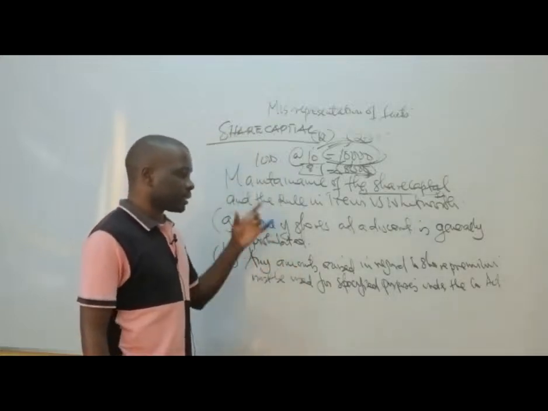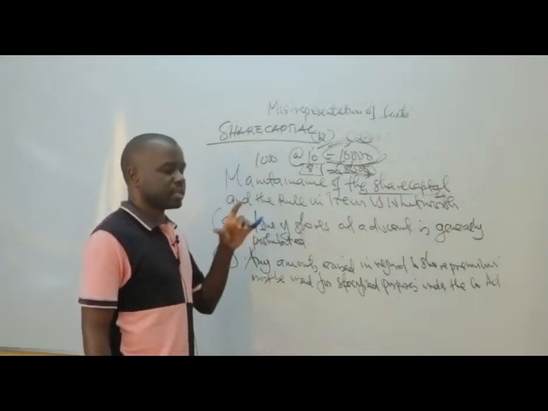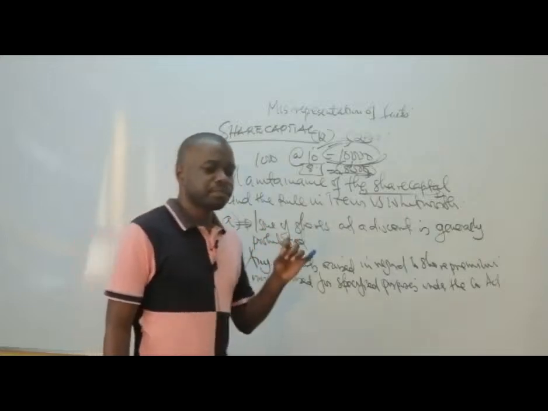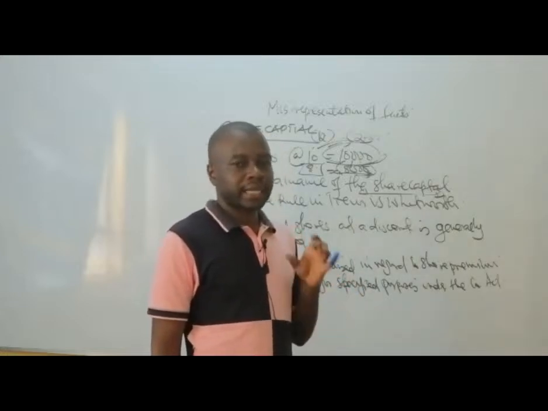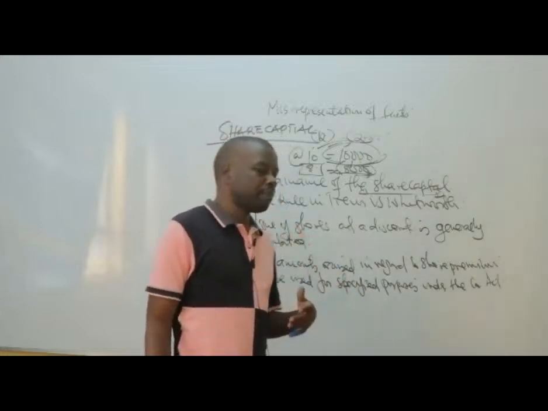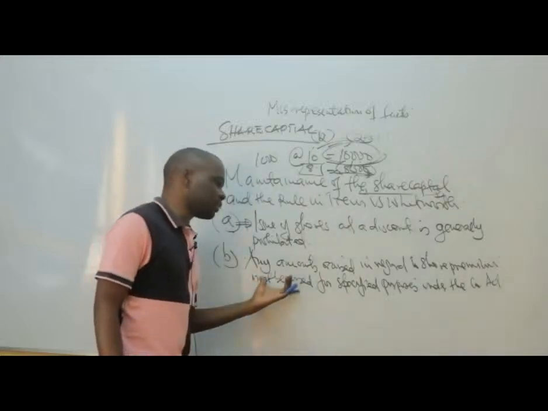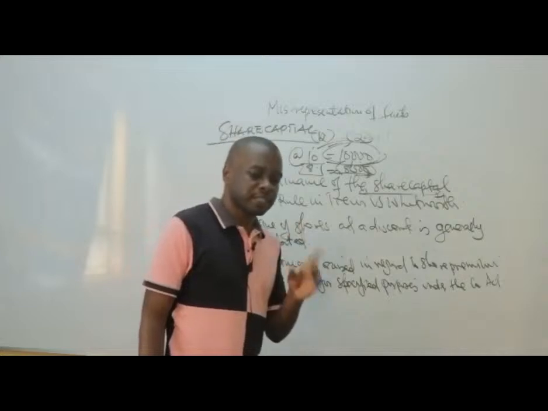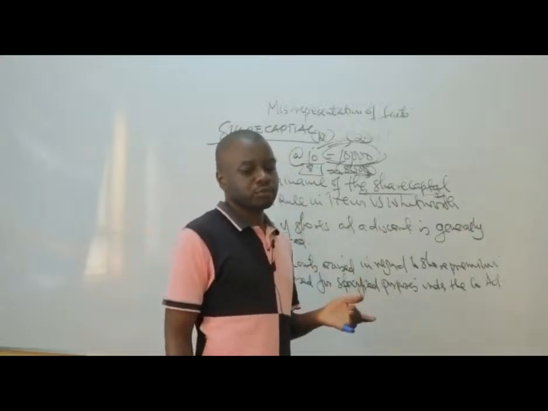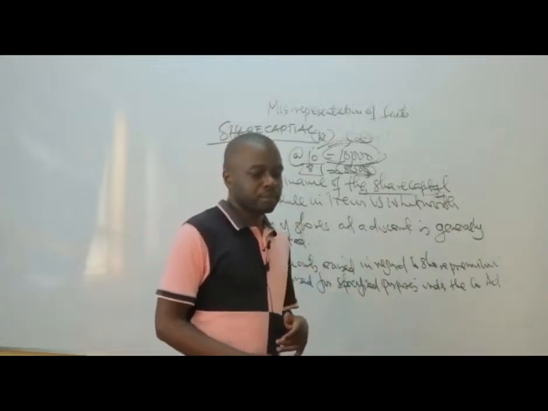So any share premium account maintained by the company must be used for the specified purposes as required under the Companies Act. The company cannot just go there, draw money and use it for any other expenditure.